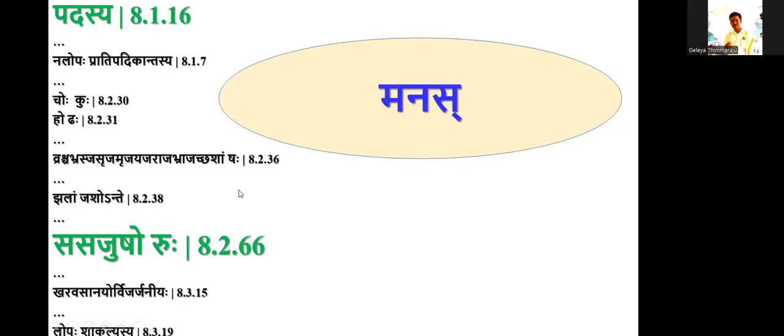They will get Ru Adesha. So that becomes Manar. Then we have this sutra Kharavasanayor Visarjaniyaha. By that Ru will be converted into Visarga. On that step I have skipped.